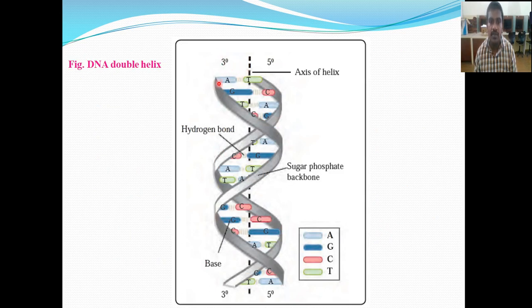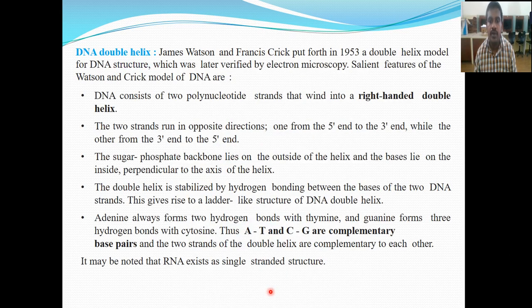Suppose this starts at 3 prime, then it ends with the 5 prime, while the other runs 5 prime to 3 prime. So the two strands run in opposite directions, one from the 5 prime end to the 3 prime end, while the other is from the 3 prime end to the 5 prime end.